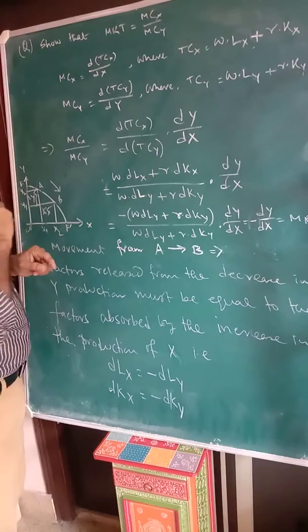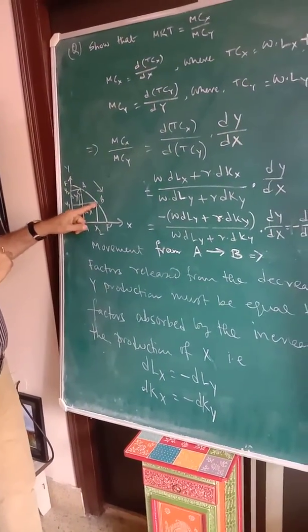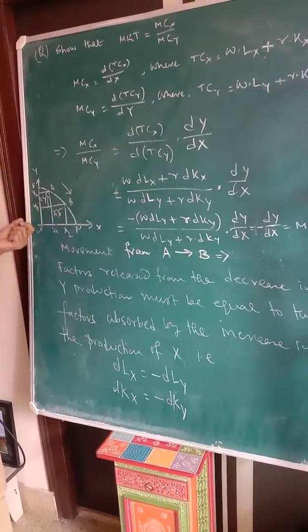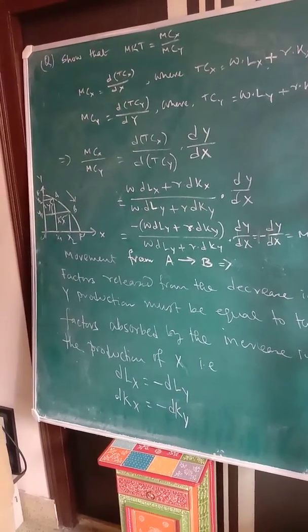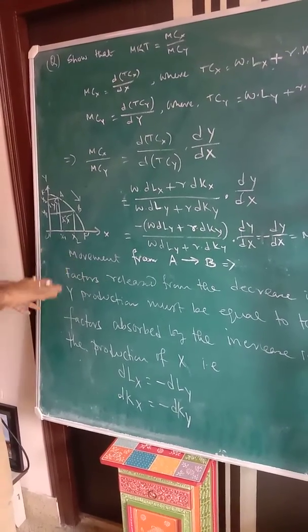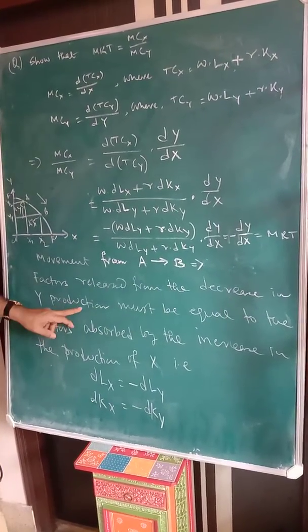Now one interesting fact is that when you move from A to B, X production increases and Y production decreases. So when Y production decreases, there are factors released from the decrease in Y production, that I have written here.